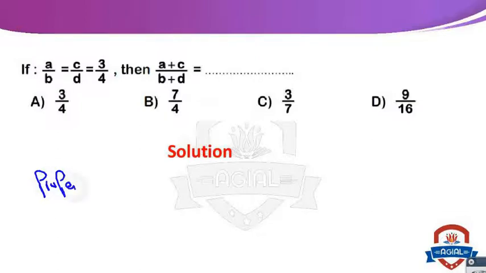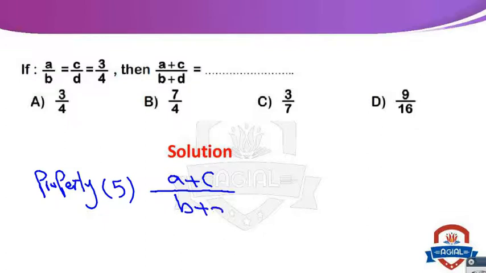Property number 5 says the sum of all antecedents over the sum of all consequents equals one of the given ratios. A plus C over B plus D equals 3 over 4, one of the given ratios.